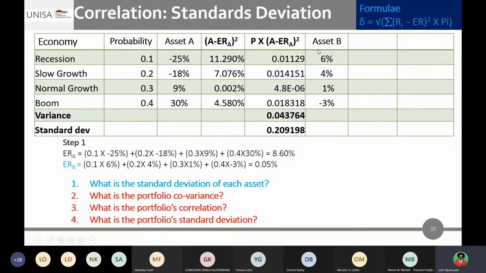Ladies and gentlemen, go and do your B minus expected return B squared and put it in a column like that, because that's what we're calculating. And then when you finish, for those who are quick enough, you say probability times this number, to get P times (A minus expected return) squared, and put it in your column there.